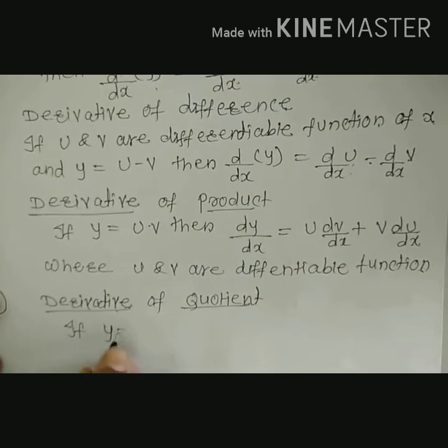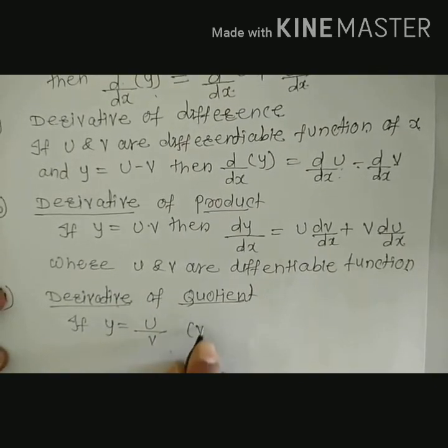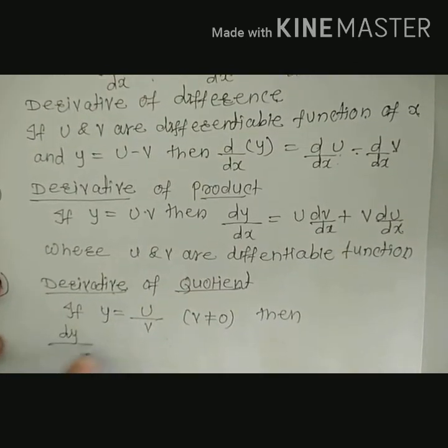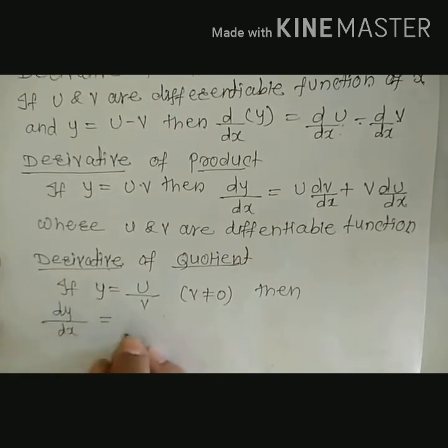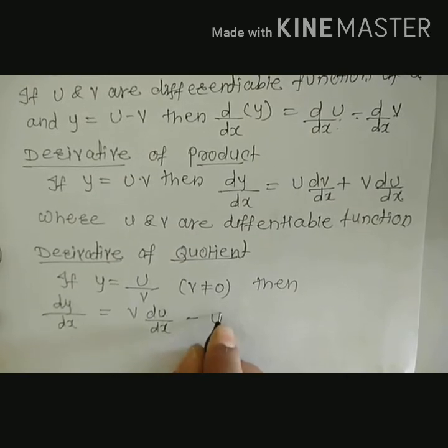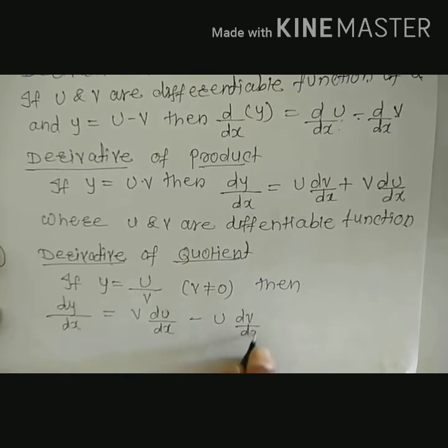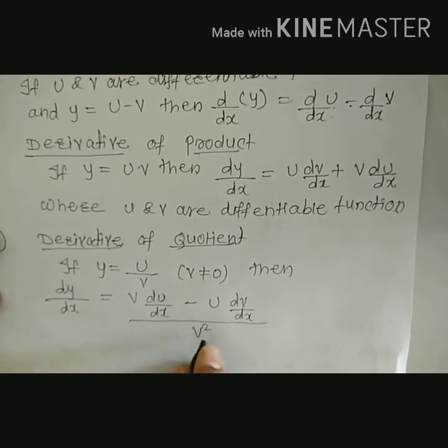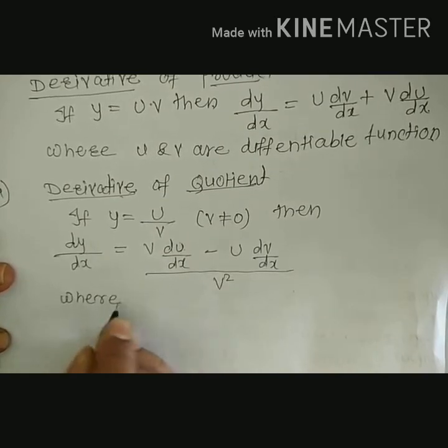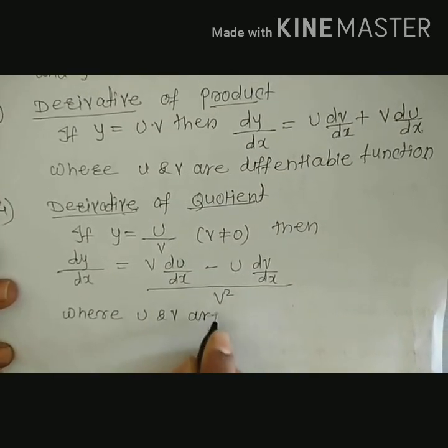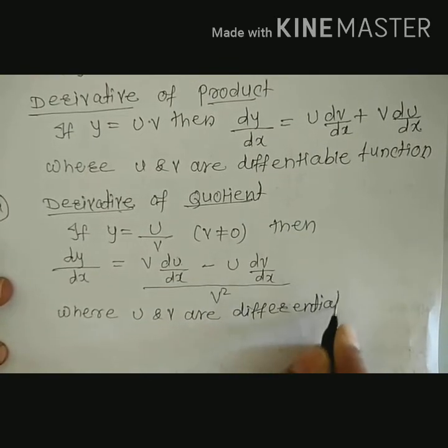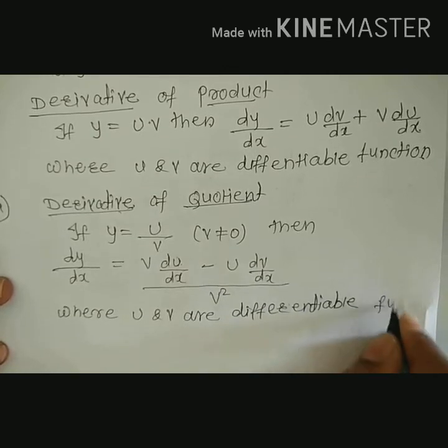If y equal to u by v, v not equal to 0, then dy by dx equals v as it is into the derivative of u, minus u as it is into the derivative of v, divided by v square, where u and v are differentiable functions.